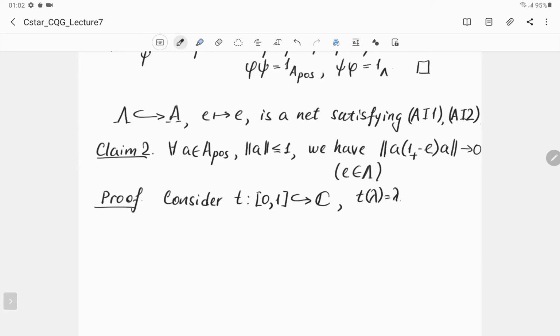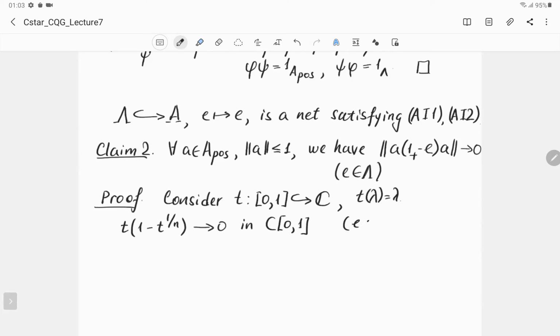And let's observe that t multiplied by 1 minus t to the power 1 over n goes to 0 in the algebra of continuous functions on the interval 0, 1.